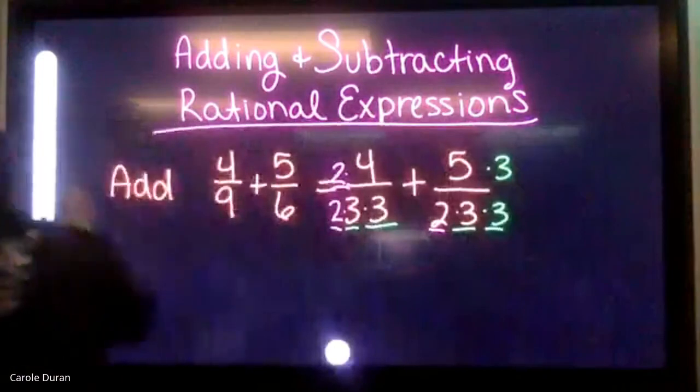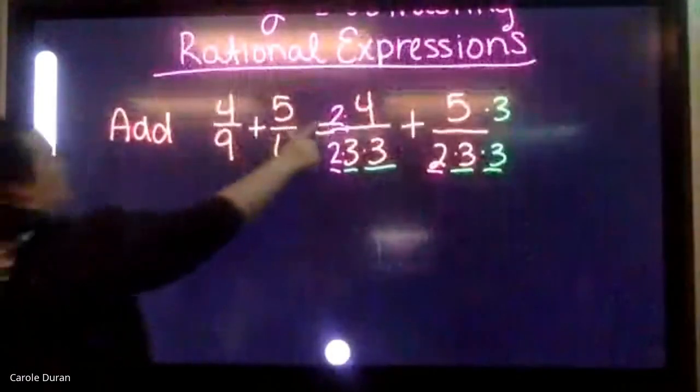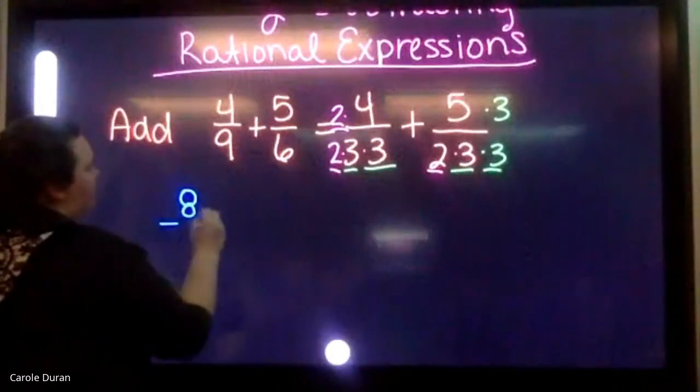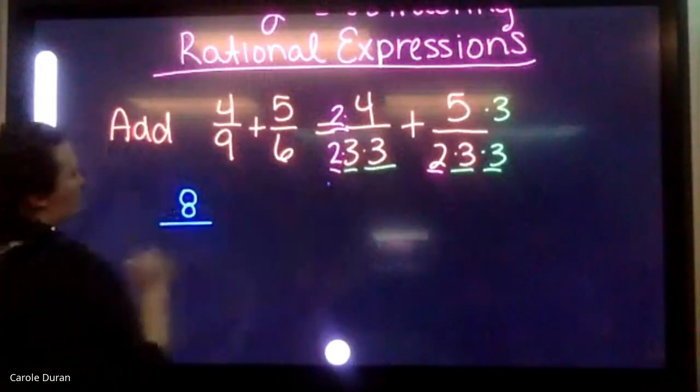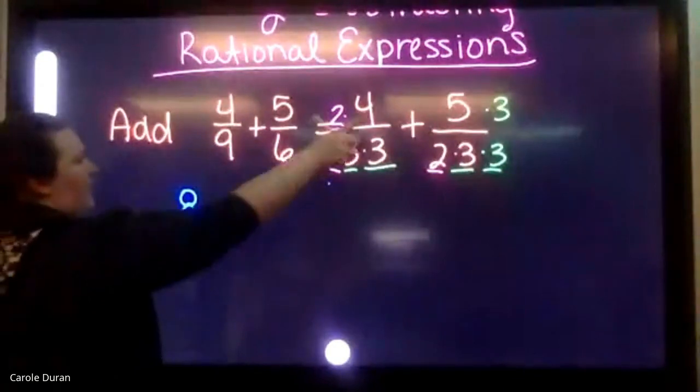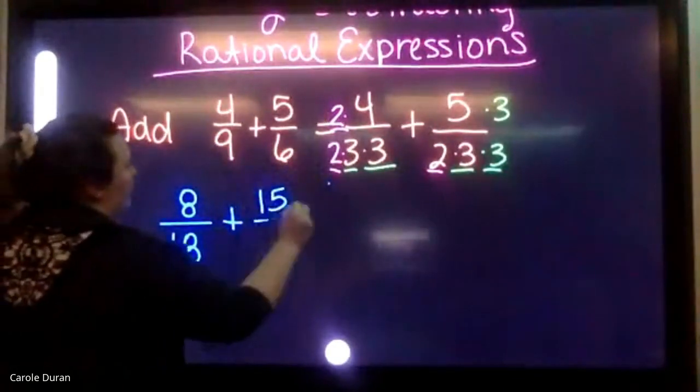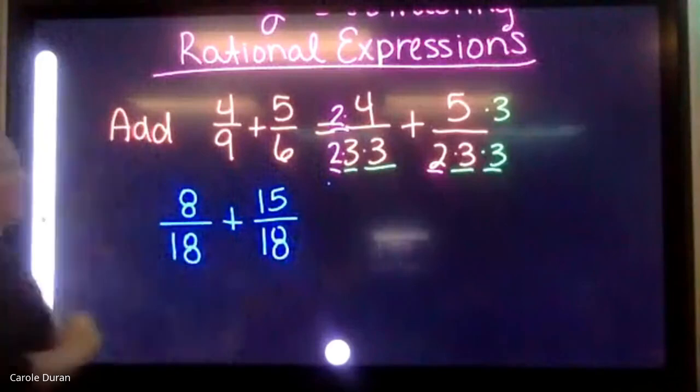So these I simplify by just multiplying together. 2 times 4 becomes 8. 2 times 3 times 3 becomes 18. Plus 5 times 3 becomes 15. And 2 times 3 times 3 again becomes 18.